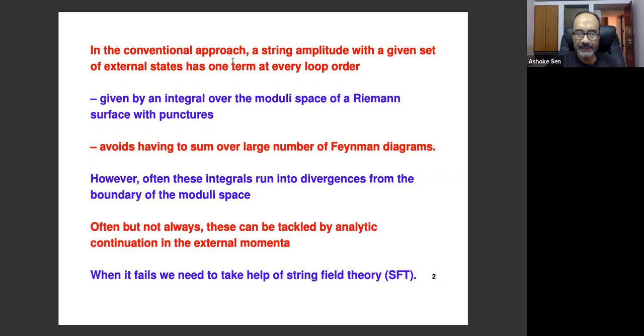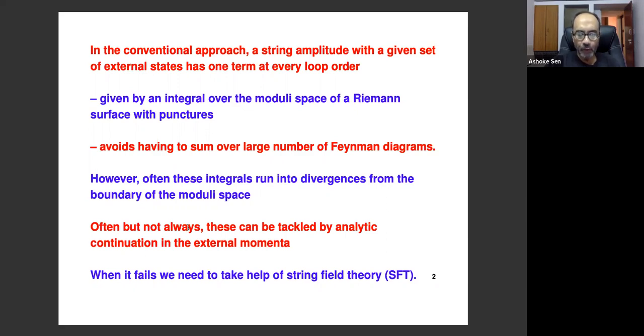And the reason that this is advertised as a big advantage is that it avoids having to sum over a large number of Feynman diagrams. However, often these integrals run into divergences from the boundary of the moduli space, and so you cannot really evaluate them on a computer.